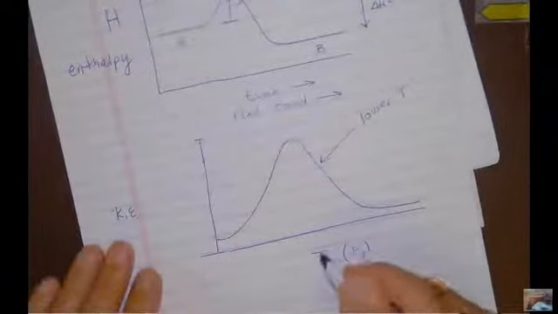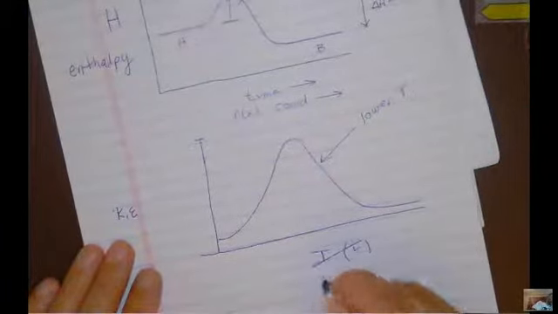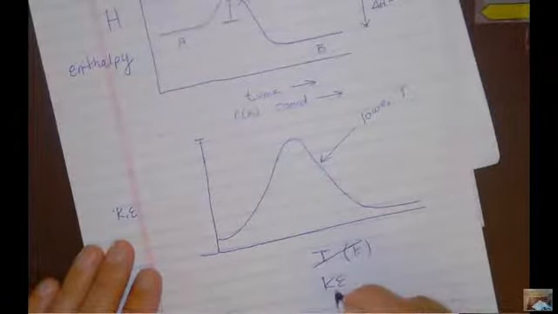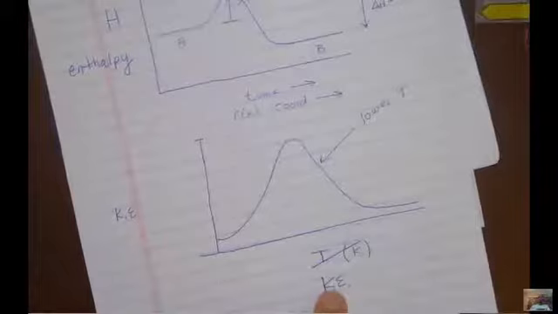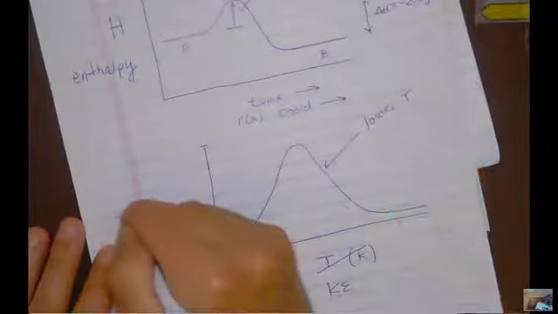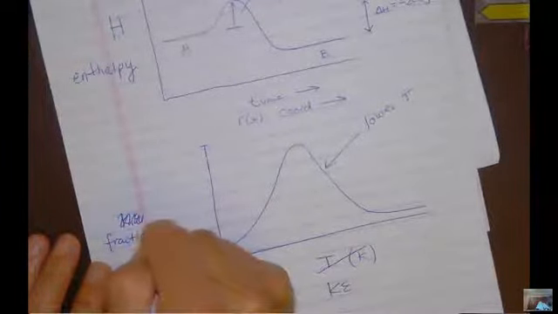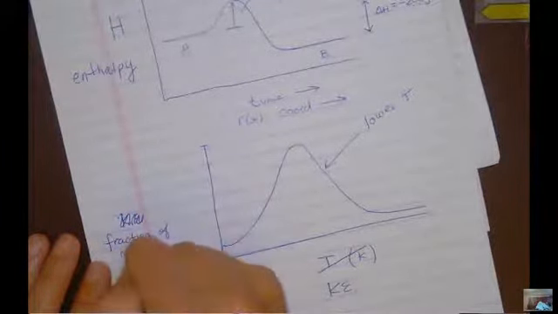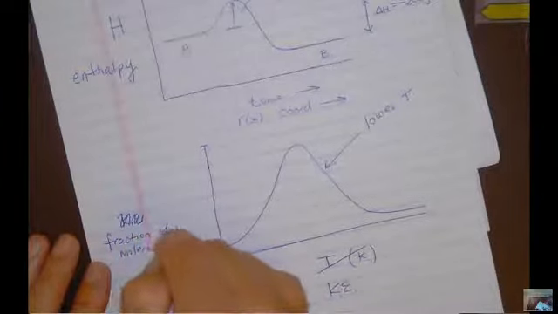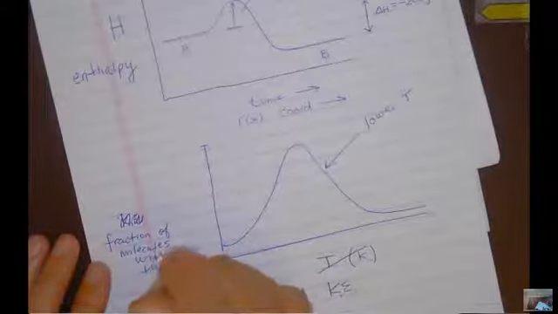How many? Actually, let me do this. Let me switch this. This is a mistake. This should be, did they have enough kinetic energy? Okay, and this is at a lower temperature, and this is the molecular distribution. So this is the fraction of molecules with that energy.